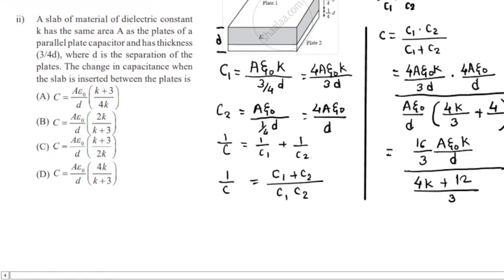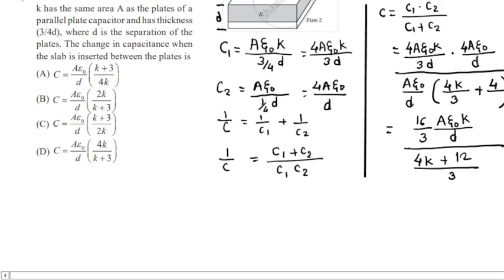Now this 3 and that 3 get cancelled, and you get 16 A epsilon 0 K divided by 4K plus 12, and this D gets multiplied here.